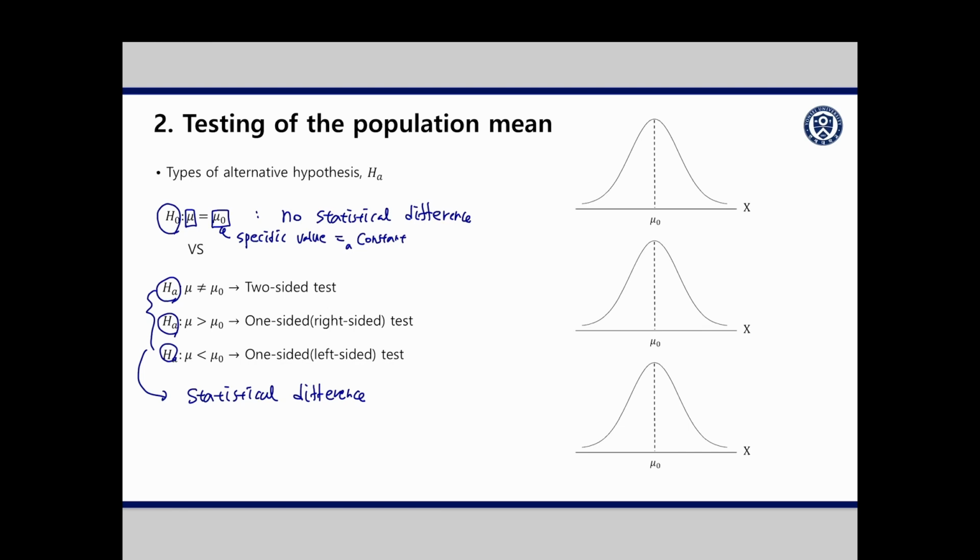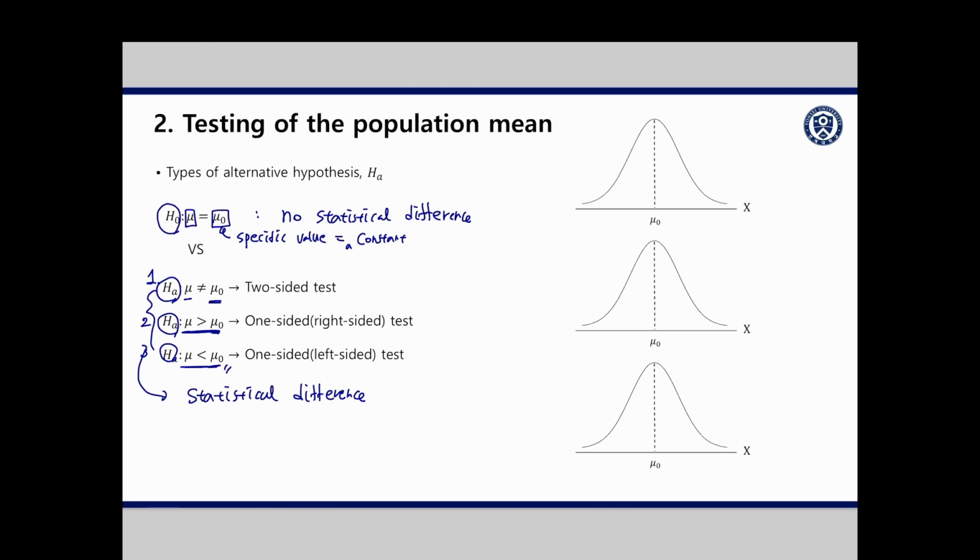Category 1: the specific value mu 0 differs from the population mean, that is, not equal. Category 2: mu 0 is less than the population mean mu. Category 3: mu 0 is greater than the population mean.